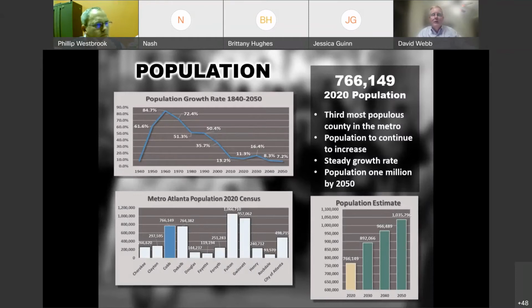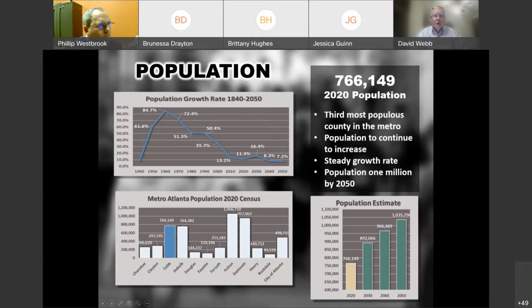766,149. That is the official Cobb County population according to the 2020 U.S. Census. We are the third most populous county in the metro, having passed DeKalb now. We see our population continuing to increase. Maybe not as fast as it was 15, 20 years ago, but we do still see a steady growth rate. We are projected to hit 1 million people by 2050.